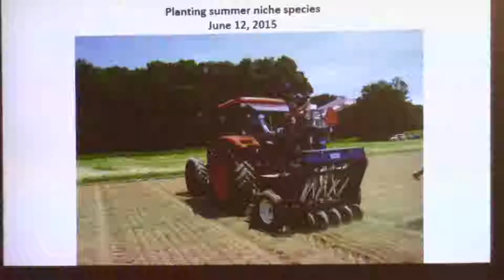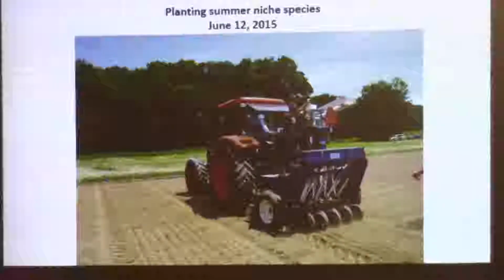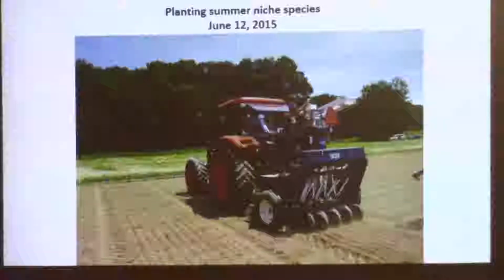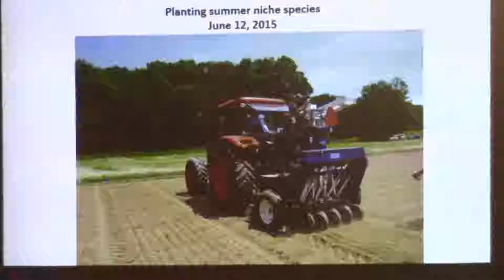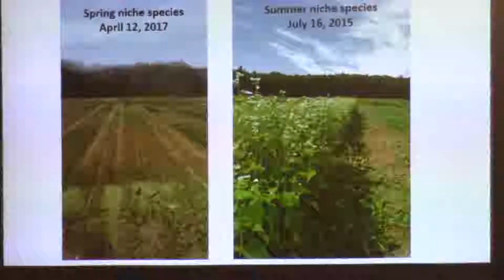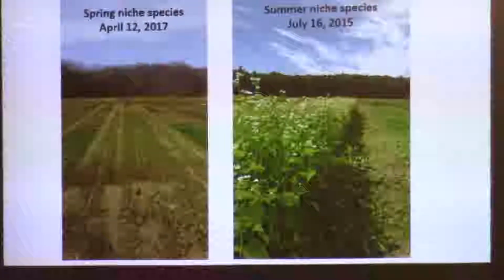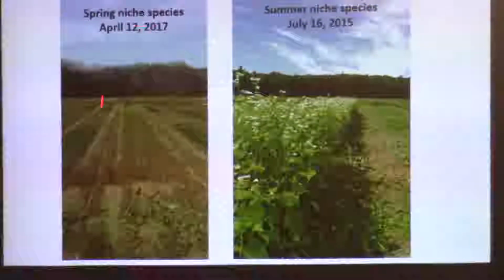So just some pictures to show you what this all looked like. Here, this picture is for when we were planting the summer niche species. So that's our small plot grain drill. Here's a picture from the spring niche species in April.